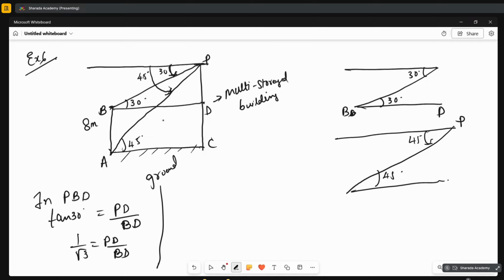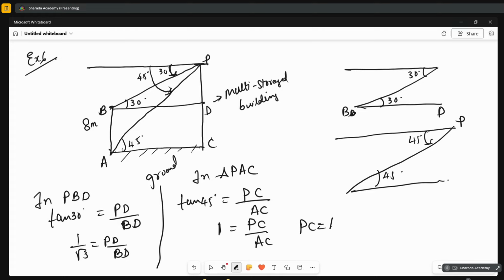Next, tan 45 in triangle PAC. Tan 45 degrees is PC by AC. Tan 45 is 1, so 1 is equal to PC by AC, or PC is equal to AC.